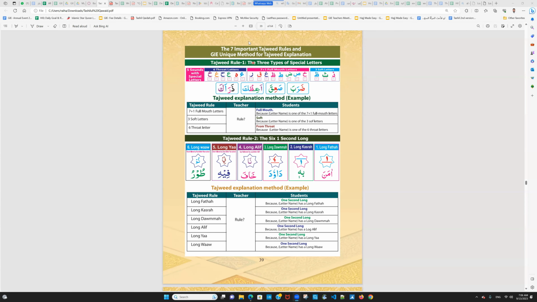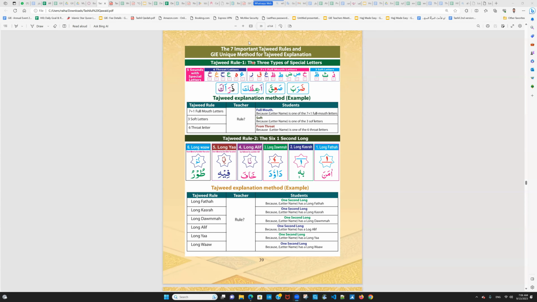A'idhuka. Now, together, a'idhuka. Final, a'idhuka. Again, a'idhuka. Like this. Okay, this one is for the beginner who is learning with spelling.